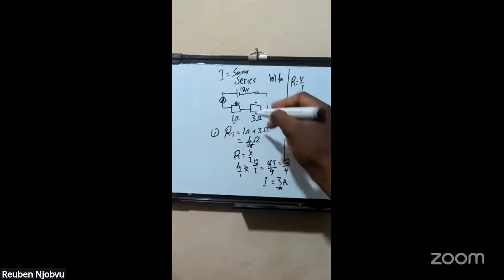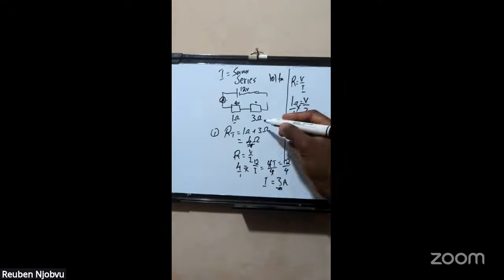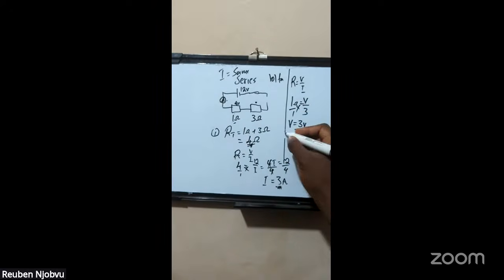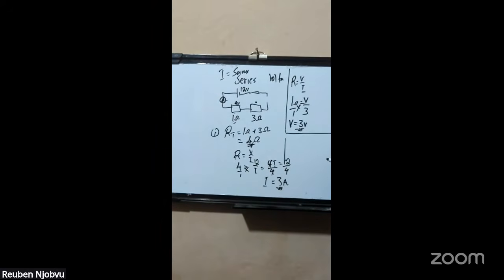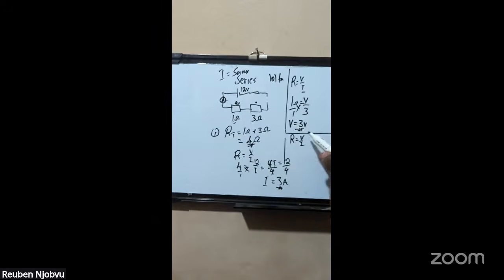What about this side? How many volts are passing through the 3 ohm resistor? You are going to do this. You say resistance is equal to voltage over current. What is the resistance? We are finding for 3.